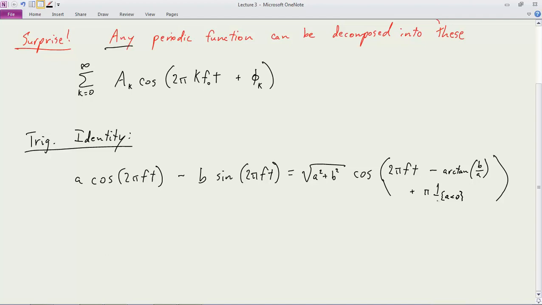Okay, so let's take advantage of this and notice a few things. It implies that, one, because notice our claim is that when we sum cosines with the right phase, we can reconstruct any periodic signal. Well, that means that we could also write a sum of this form.